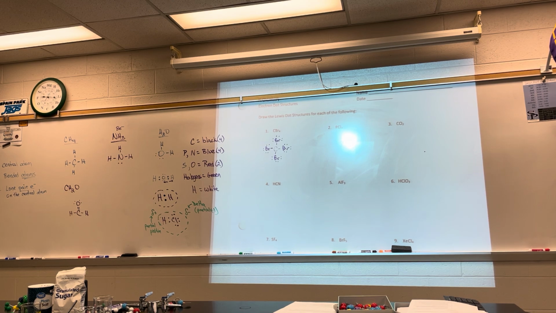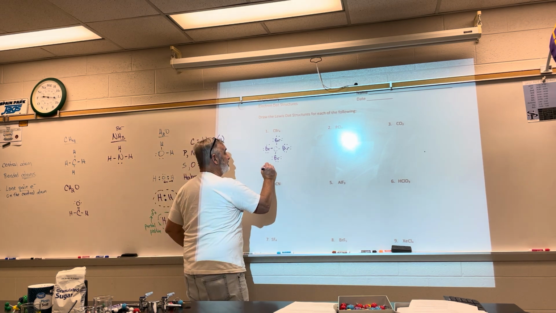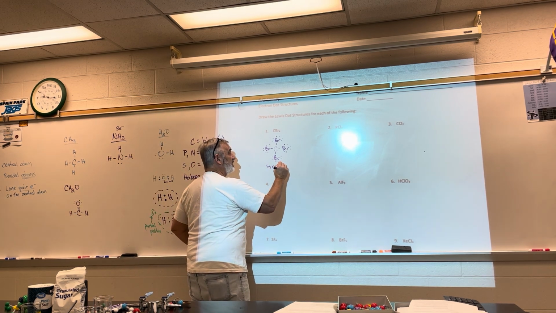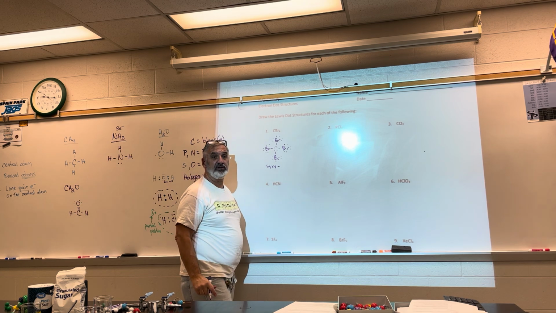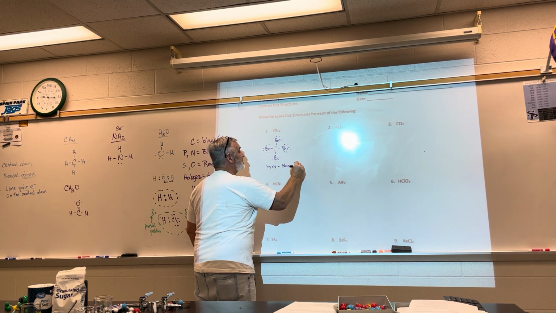So actually we might end up slightly into the polar range where we go 2.96 minus 2.55. However, is it symmetrical or asymmetrical? Symmetrical. It's AX4, all the same, symmetrical. Therefore, is it polar or nonpolar? Nonpolar.